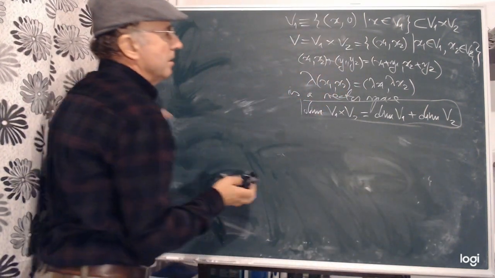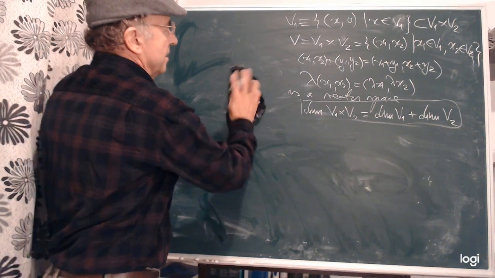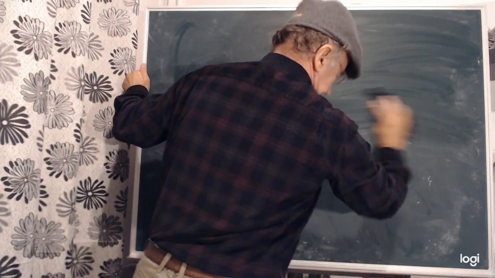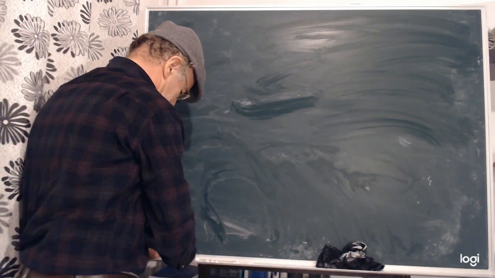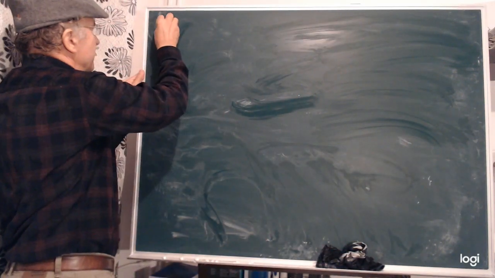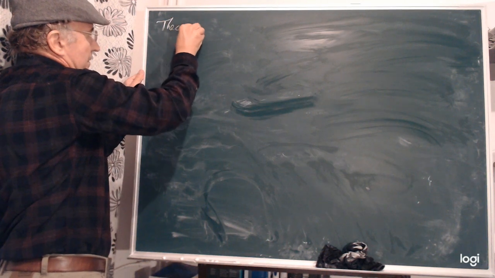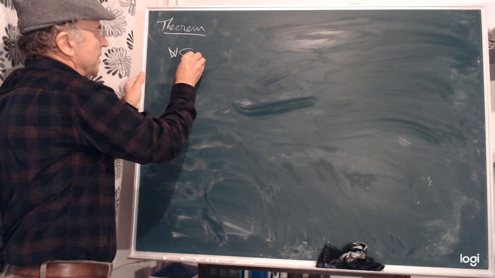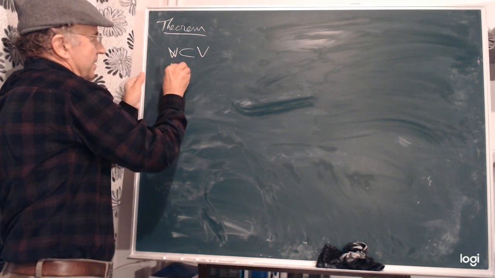Now, factor vector space. If we consider a subspace, theorem: let W in V be a subspace.